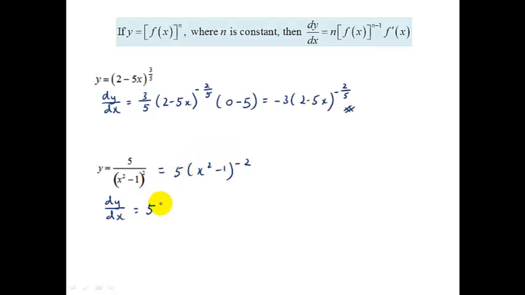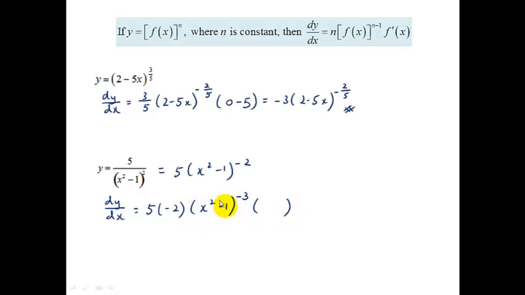I bring down the power minus 2. I copy the function x squared minus 1, no change to that. The power becomes minus 3 because I have to minus 1 from the original power. And don't forget this extra bit, the f prime x.